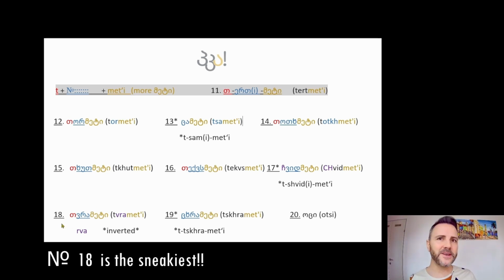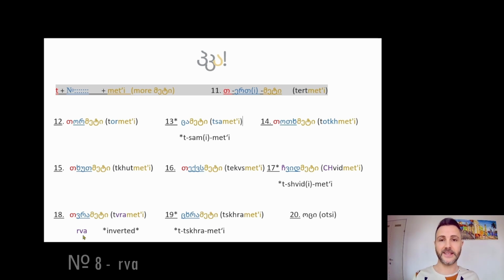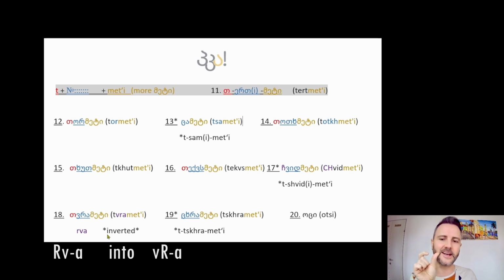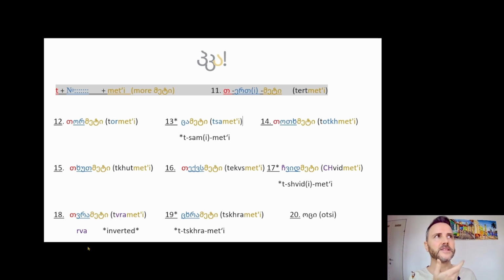18. This one, the sneakiest number in the Georgian number system. I love it. Okay, number 8 is rva. For 18, you have to change the V and the R over. You invert the R and the V. So instead of saying, for example, tvramet'i, so you think tvramet'i.